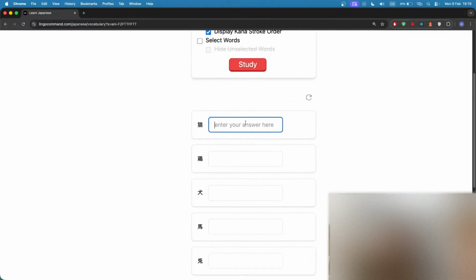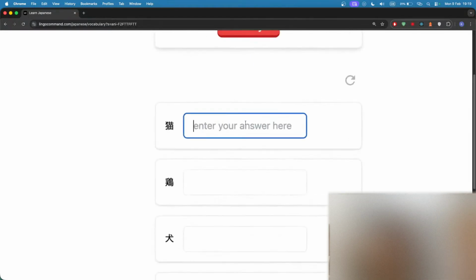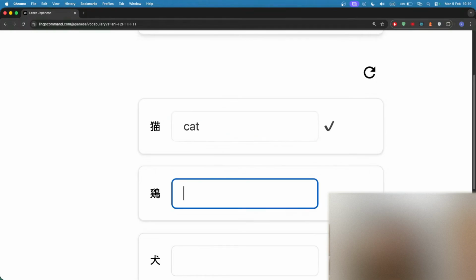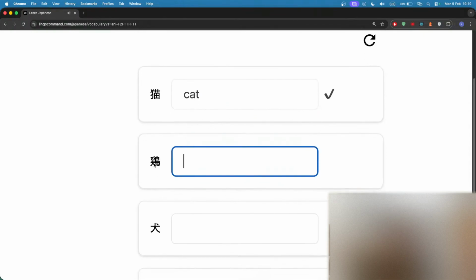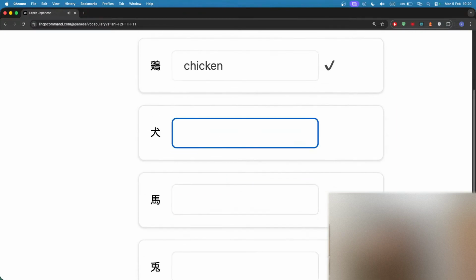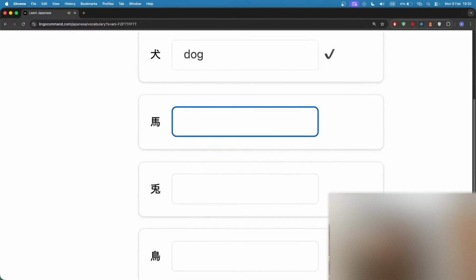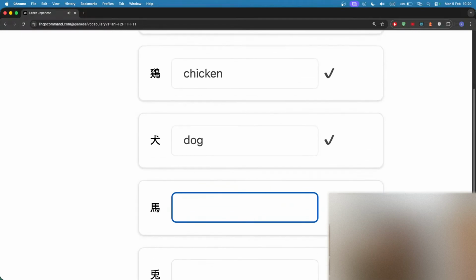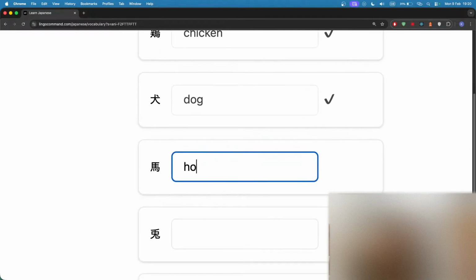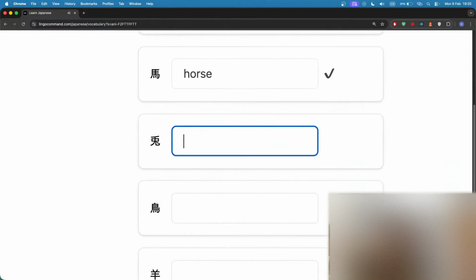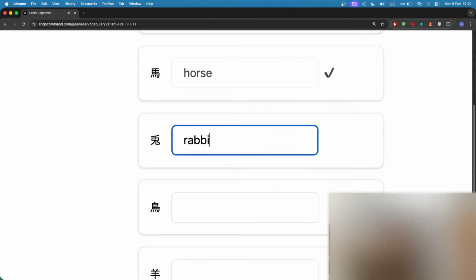Because we're getting the questions in Japanese and we're answering in English. So, cat. This looks like niwatori to me, which is chicken. This is dog. Uma is a horse. Usagi is a rabbit.